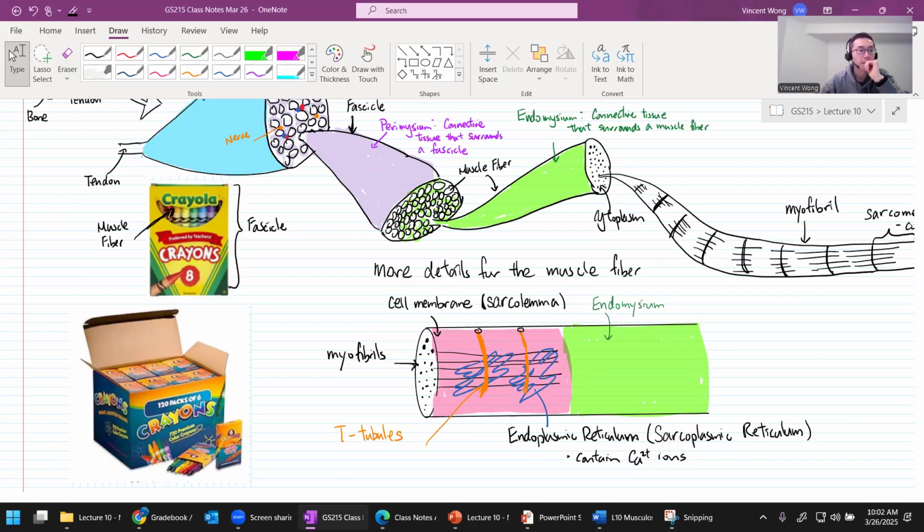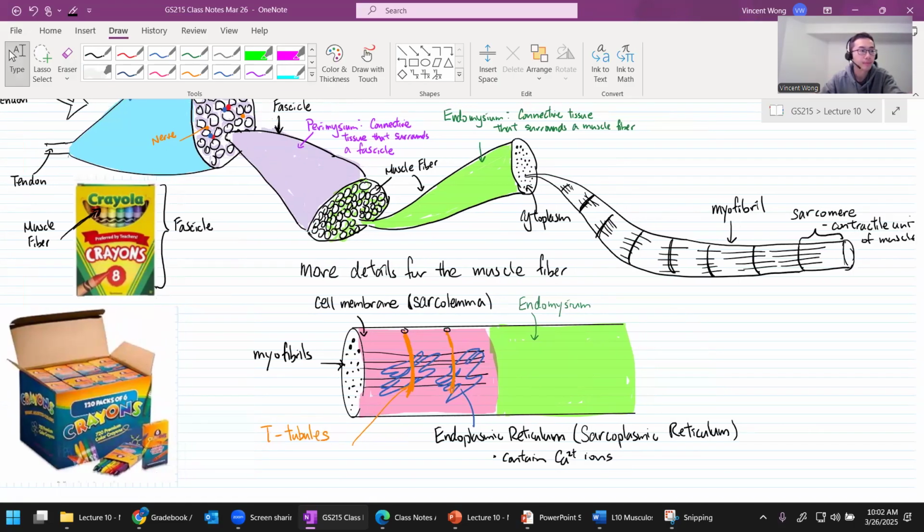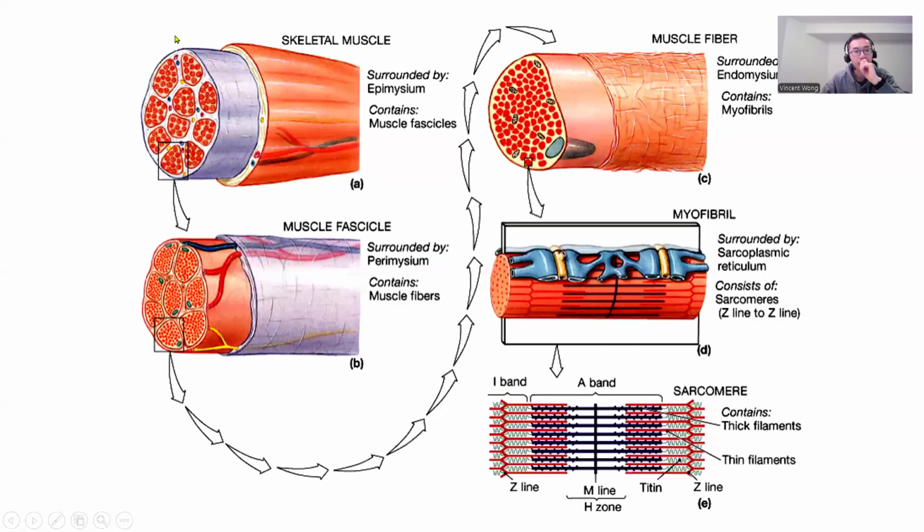So that's that. Now I want to show you the pictures from the PowerPoint. Again, we start with the entire skeletal muscle, and the skeletal muscle is surrounded by the epimysium, the connective tissue.